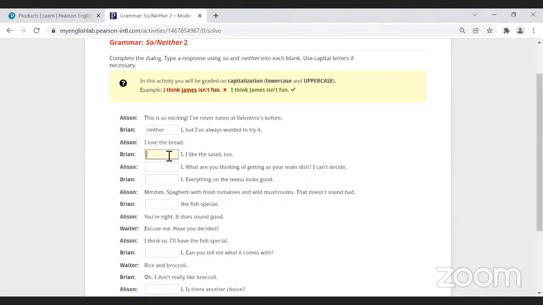Teacher, here says type a response using so and neither into each blank. So I just need to put so and neither, or I have to put neither did I or neither? In this case, you have to put neither with the auxiliary, but you have the subjects there, right? So, okay, the first one could be neither did, but are you using did?